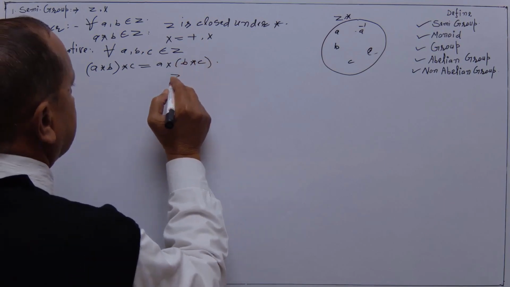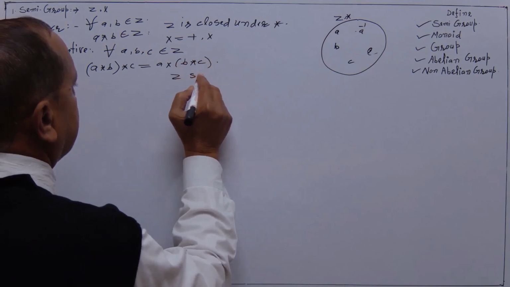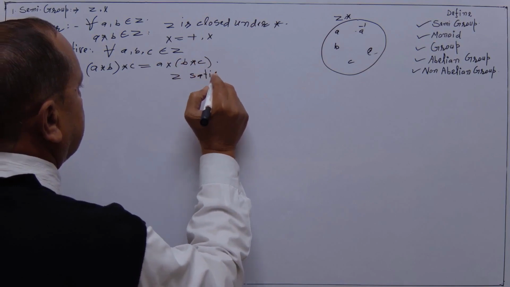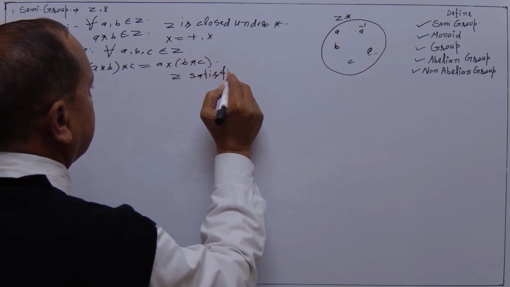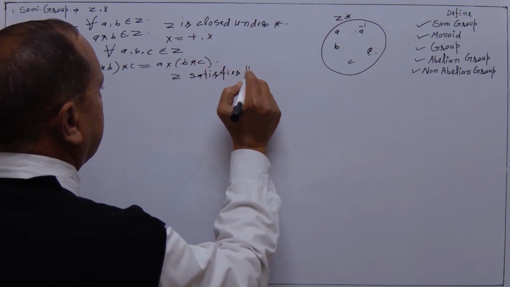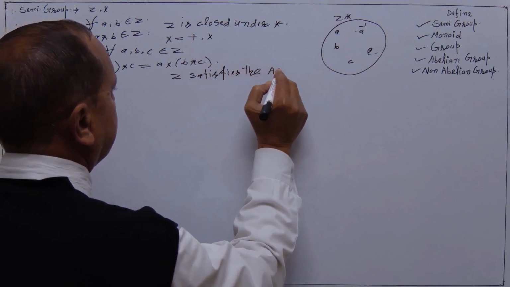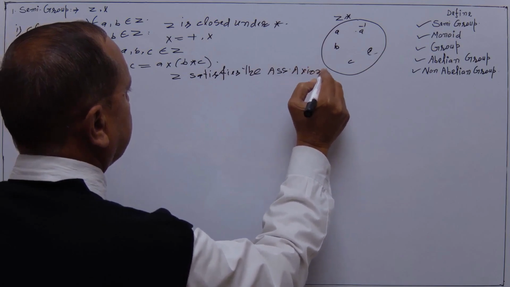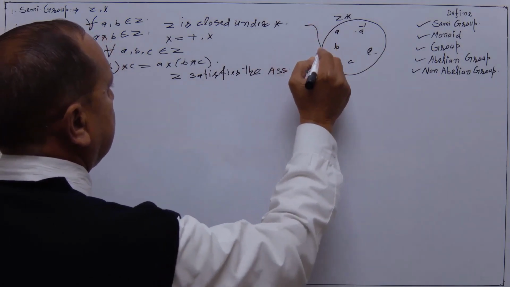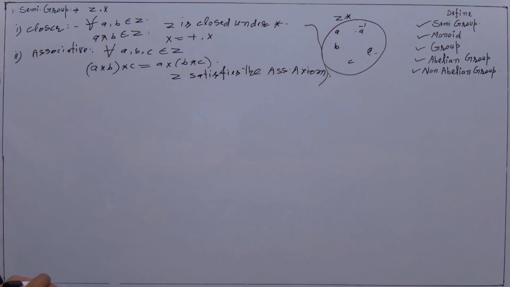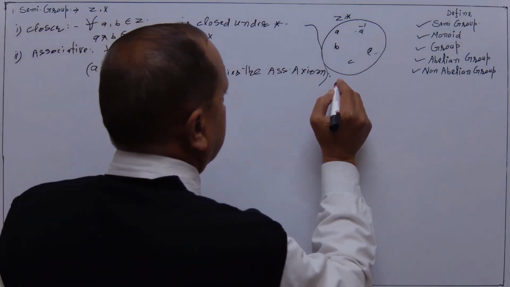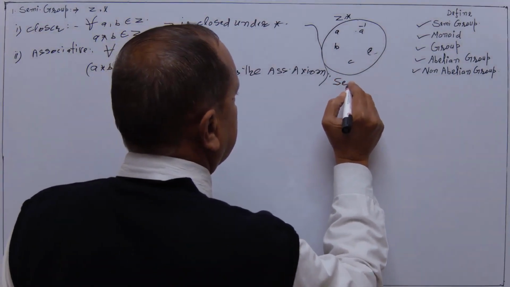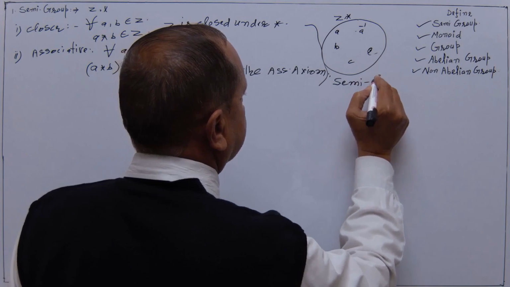It means Z satisfies the associative property. If these two properties are satisfied, then Z is said to be a semi-group.